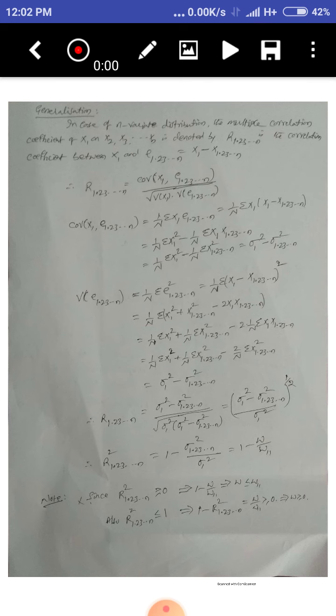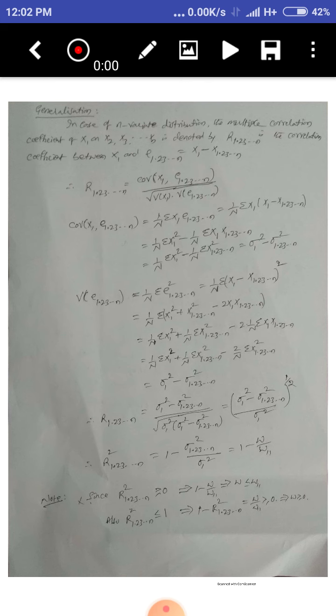So we will get R1.23 up to n equals sigma 1 square minus sigma 1.23 up to n square divided by the square root of sigma 1 square into sigma 1 square minus sigma 1.23 square. Or simplify this one, you will get sigma 1 square minus sigma 1.23 n upon sigma 1 square whole raised to 1 upon 2.